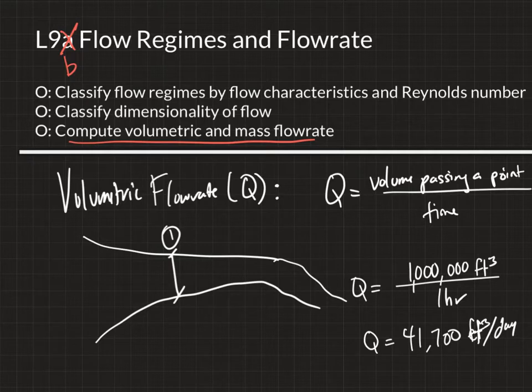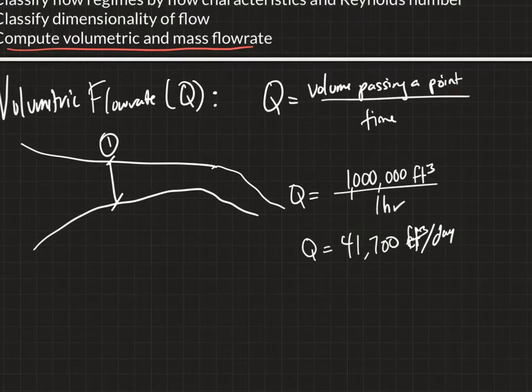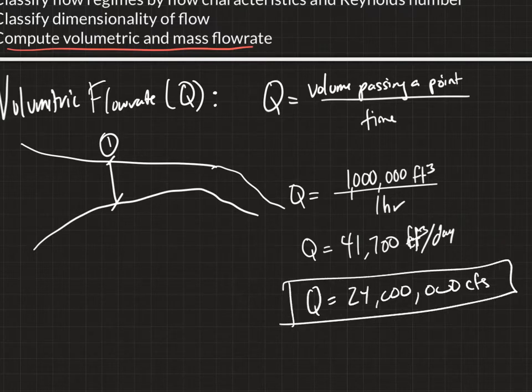But you could also make it what we typically do, which is CFS. So if you were to do cubic feet per second, which is much more typical, Q equals 24 million cubic feet per second. For a river, that would be much more typical.